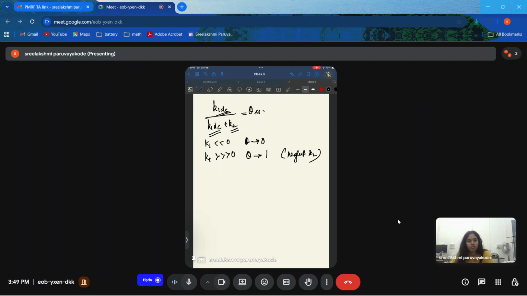So the entire surface is covered by the intermediate. Here IF becomes 0 and here IF becomes NF K1 DC (1 minus theta SS). So this way you can simplify and get the answer.